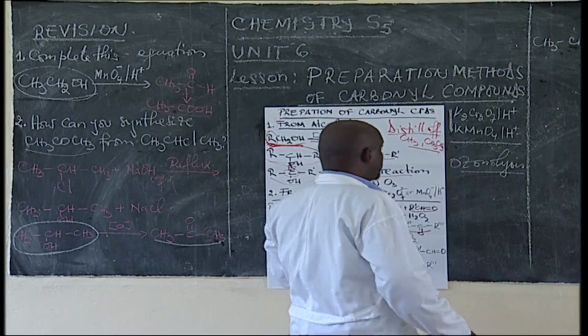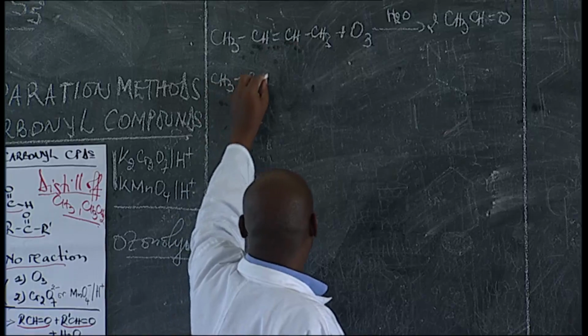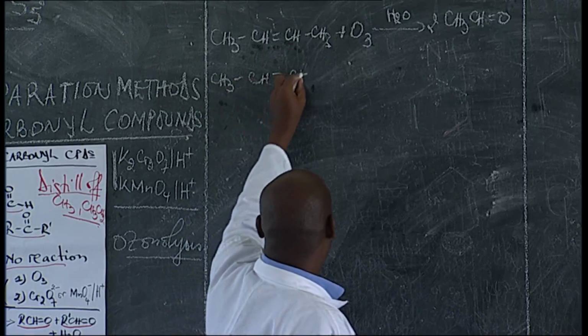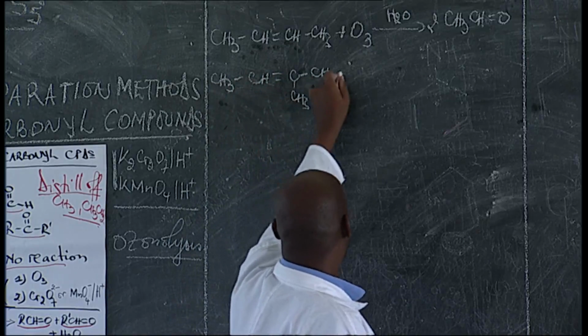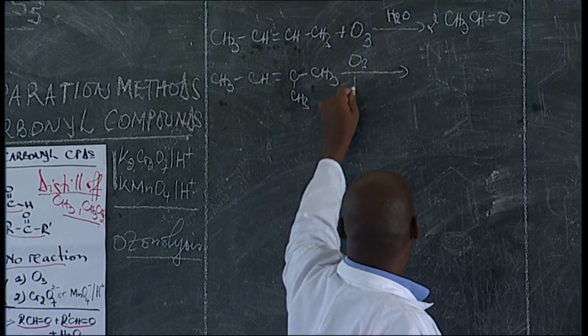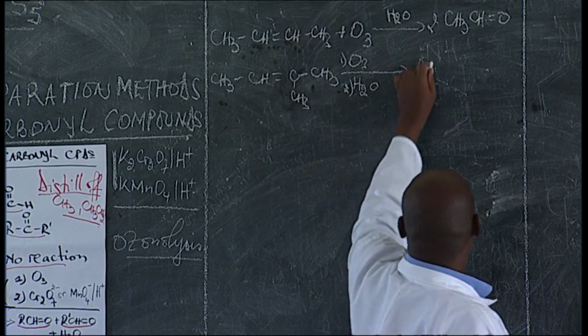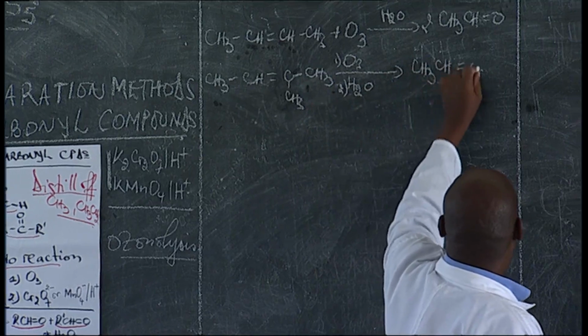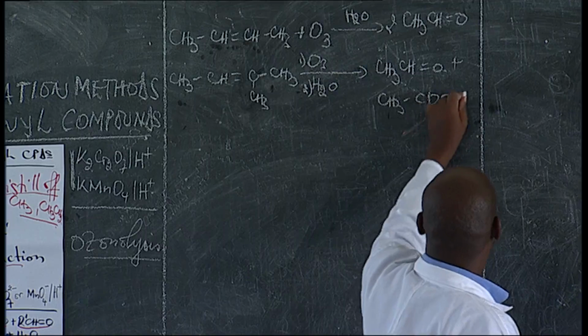So if you use a compound like this one, with CH3 and CH3, what do you produce? You produce CH3CHO plus CH3COCH3.